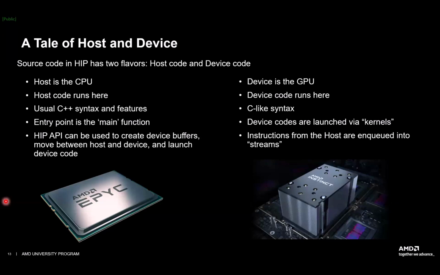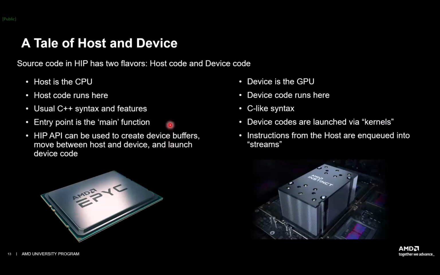So the CPU has the DRAM for the system memory. And the GPU has HBM for high bandwidth memory, or possibly GDDR6 if you're talking about Radeon. And so in order to solve problems cooperatively using these, you need to be able to pass data back and forth between these different memories.